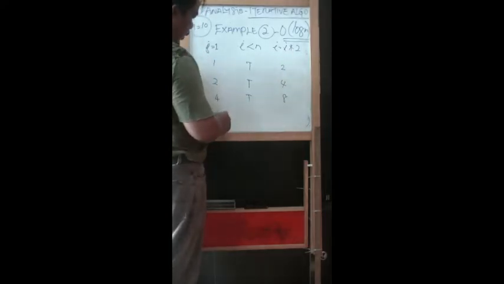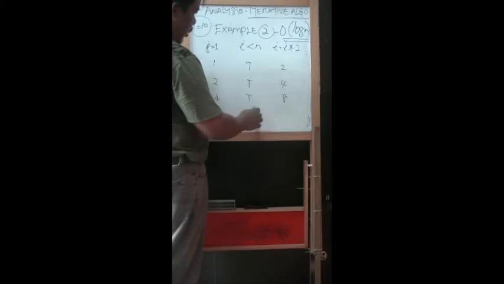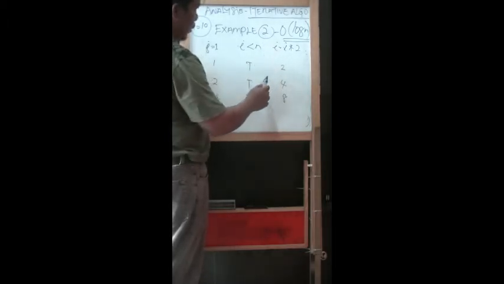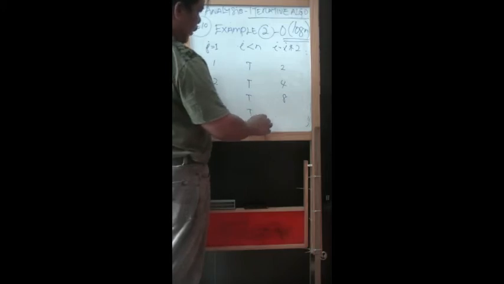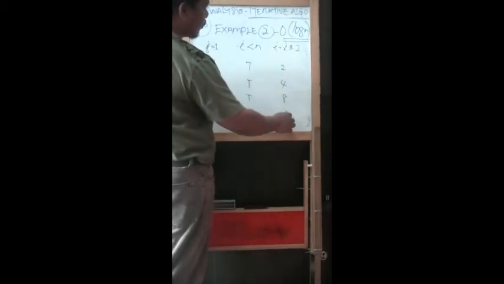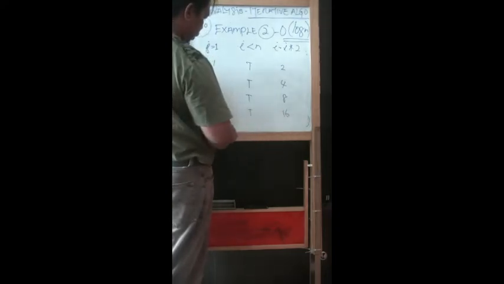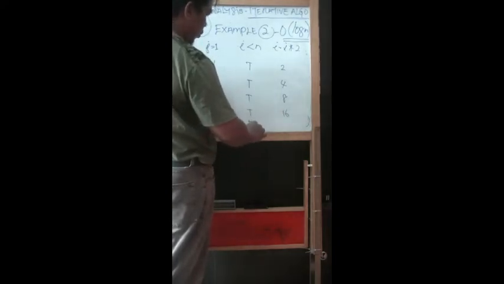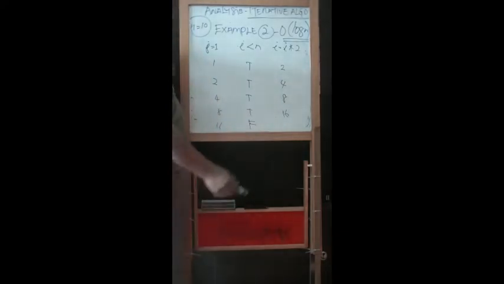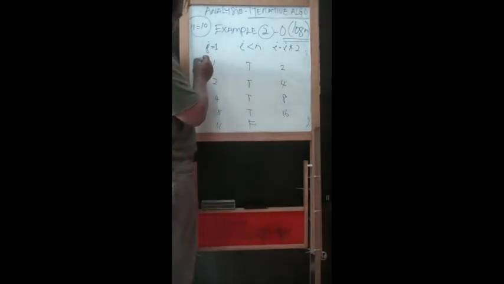And when i equal to 8, this 8 less than 10 is still true, and 8 times 2 is 16, and after that this 16 is false. So this is the first round.